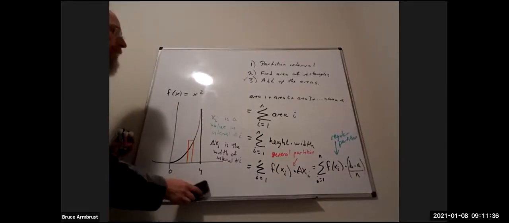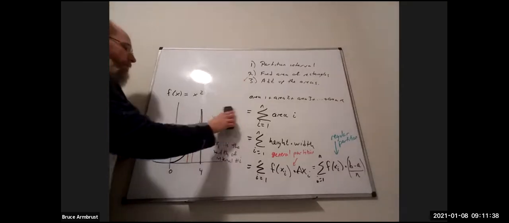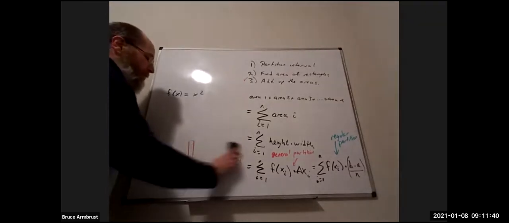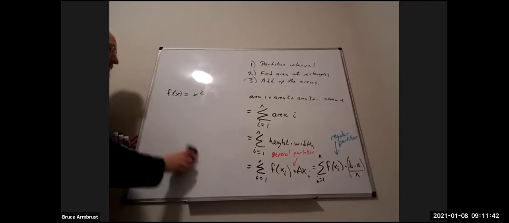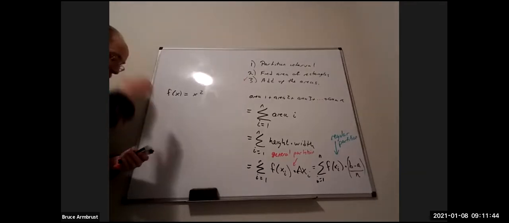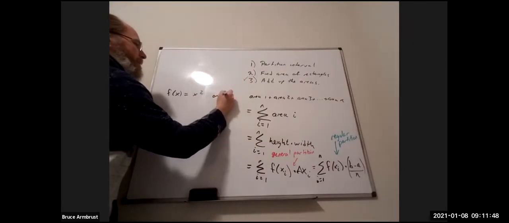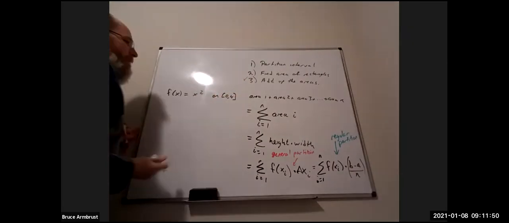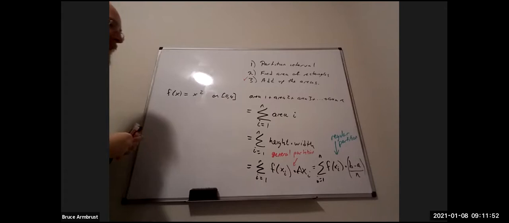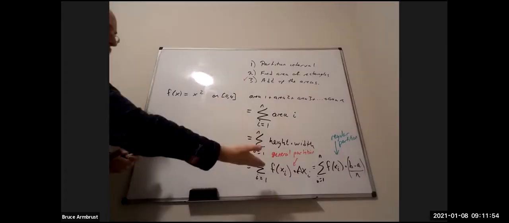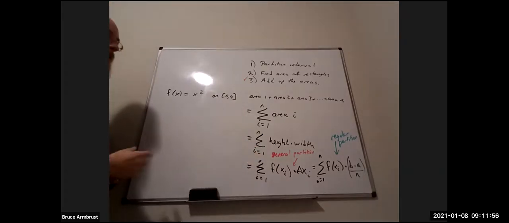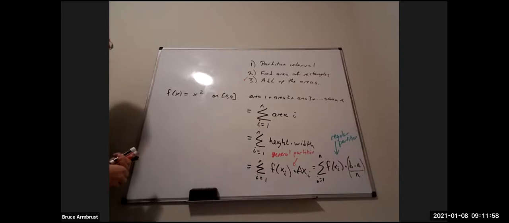All right, so let's see if we can generalize f of x equals x squared from 0 to 4. Let's see if we can get our heights and our widths and calculate this.